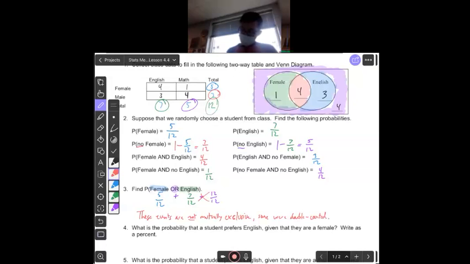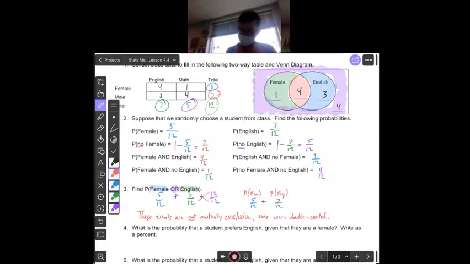So to do that math, we'd have to take the probability of being female, which was 5 out of 12. And then we'd want to add the probability of preferring English, which was 7 out of 12.